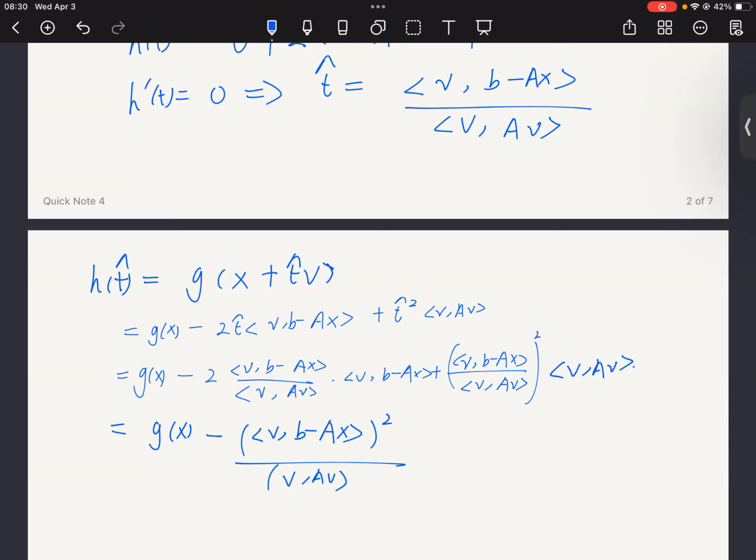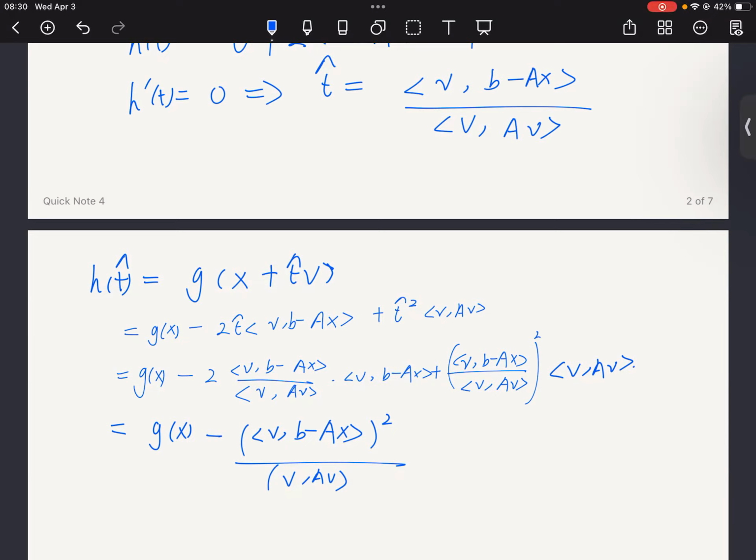Because there's a square here. So let's compare the right-hand side to this one. g(x plus t hat v) is the g function's value at the possible minimal point, and g(x) is the g function evaluated at this point.